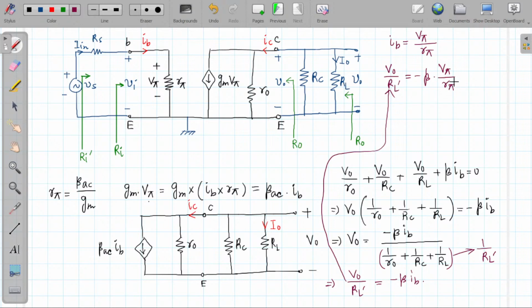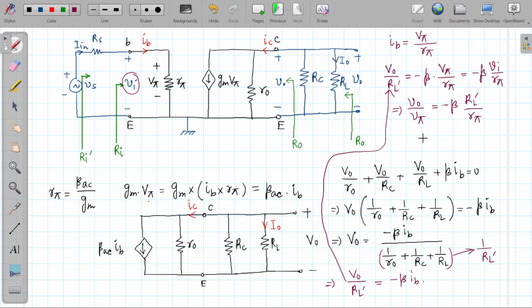If I put the value V pi by R pi, this V pi is nothing but the input voltage. V pi and VI are the same. So we can say VI by R pi, so minus beta VI divided by R pi. Taking VI to the left-hand side, V0 divided by VI equals minus beta into RL dash divided by R pi.